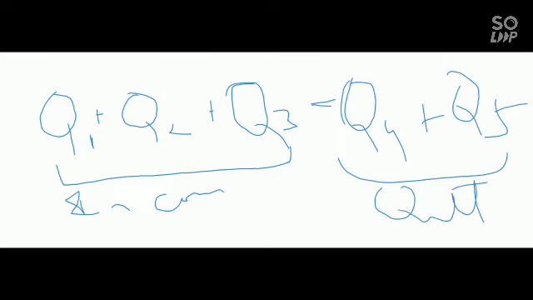Thus it is based on the law of conservation of charge, that charge can neither be created nor destroyed. So at any node, charge is neither created nor destroyed. It is just distributed in lines.